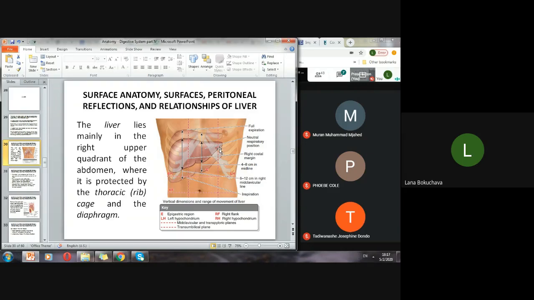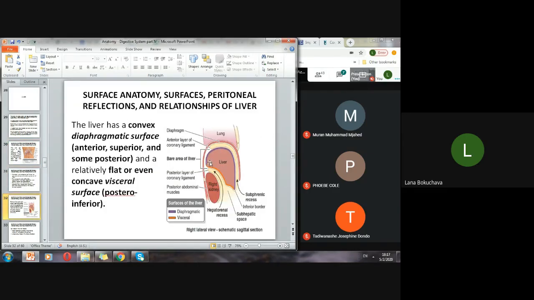As a result, we can subdivide the whole surface of the liver into 2 main parts: the diaphragmatic surface and the visceral surface, which you can see here in 2 different colors. According to the shape of the liver, we have the anterior surface, superior surface, posterior surface, and the inferior surface.